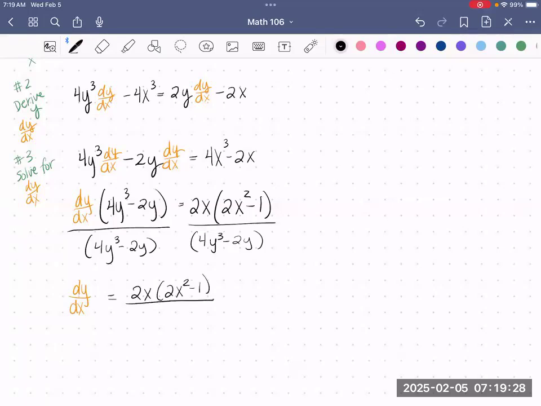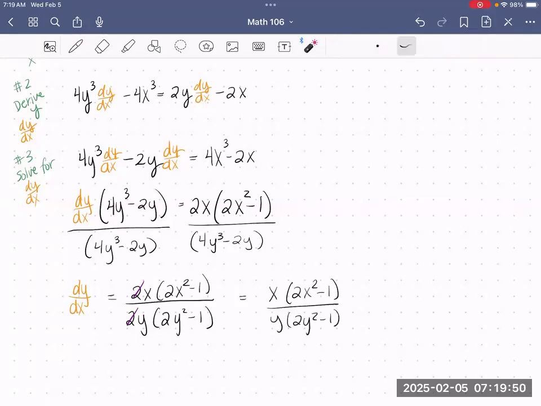And at this point, if you wanted to factor out your 2 and your y from the bottom, we certainly can. Simplify: x times 2x squared minus 1, over y times 2y squared minus 1. This would be your dy dx.